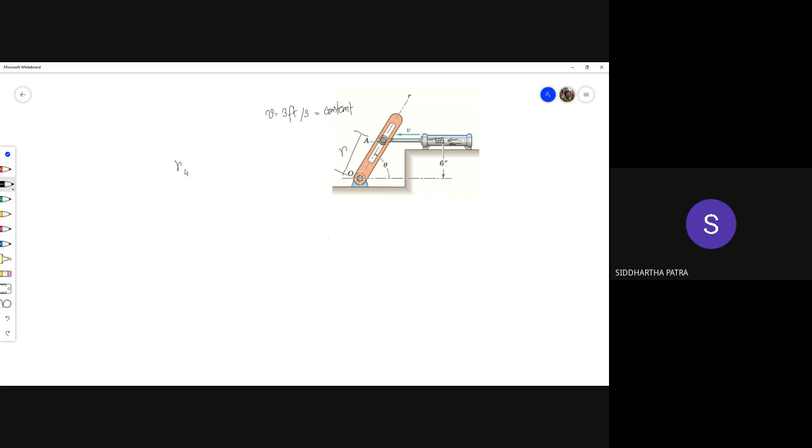So you are being asked to find out the following quantities: r dot, theta dot, r double dot, and theta double dot when theta is 60 degrees. Another dimension is given, that is the height of the axis of the rod from the pivot of the slotted arm, which is O. So that height is given.